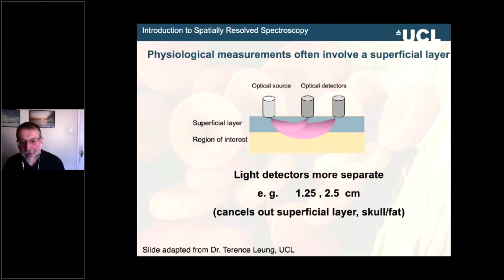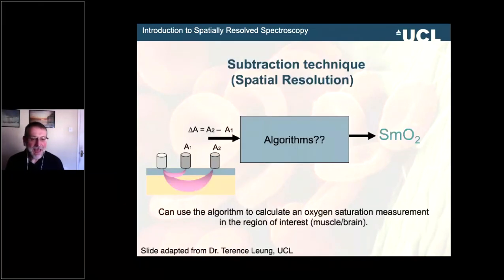And that gives you the number solely from the deeper layer and allows you to measure an absolute saturation. The problem with that technique, it's not really a problem, it could be a feature, is that there's all sorts of different ways of making that measurement. The whole range of different algorithms are used.